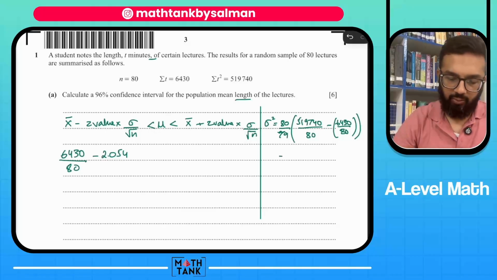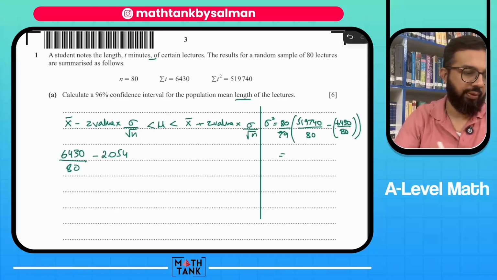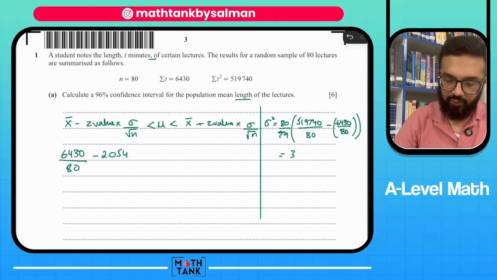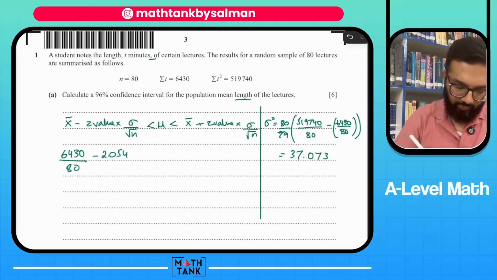Okay, I'm getting in decimals 37.07. Let's use that, 37.073.